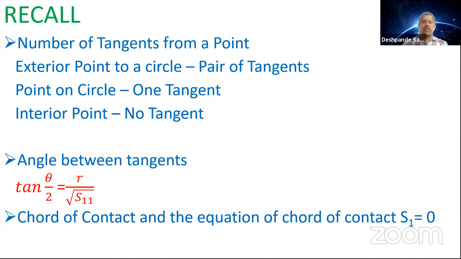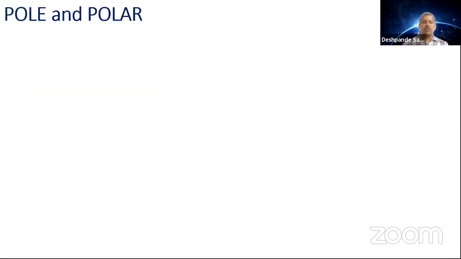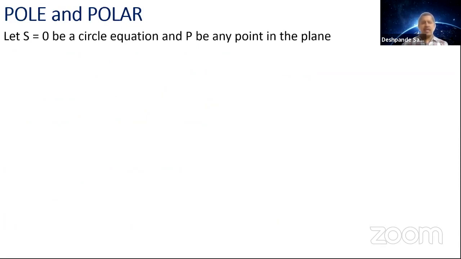So let us go to the very important aspect of the circles, the pole and polar. For that you take a circle which you call S is equal to 0, and you take a point P on a plane. The point P can be outside, on the circle or inside.